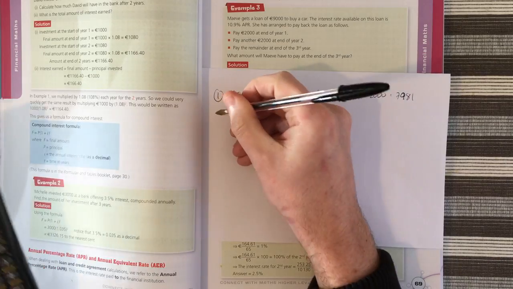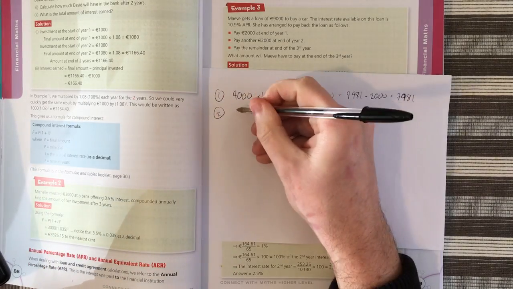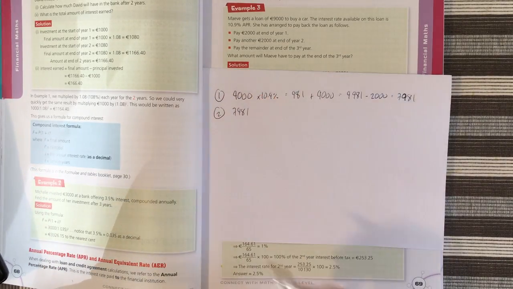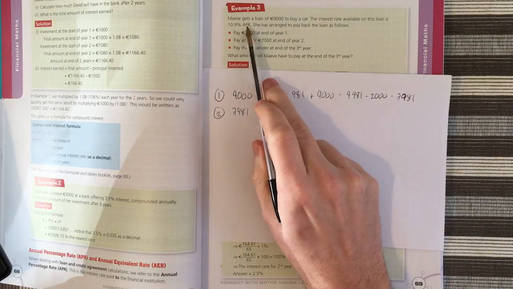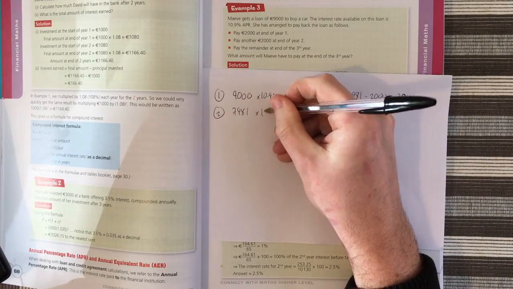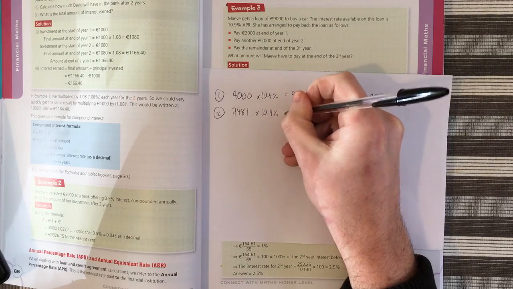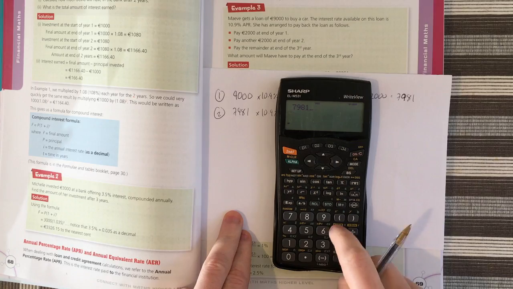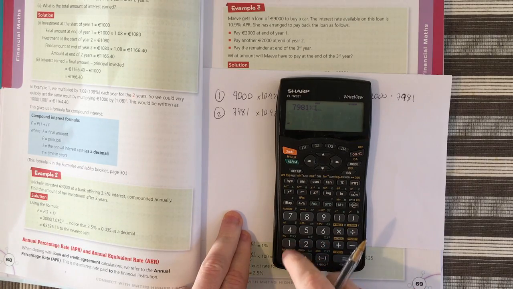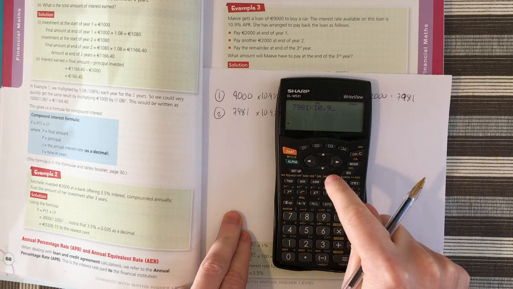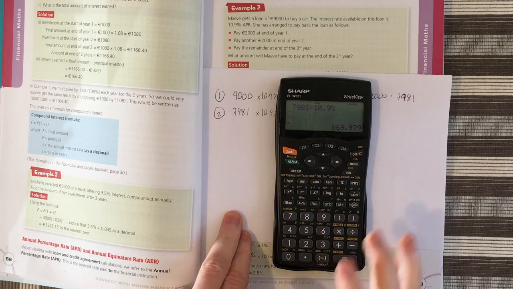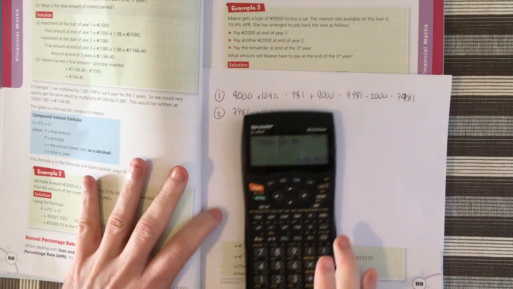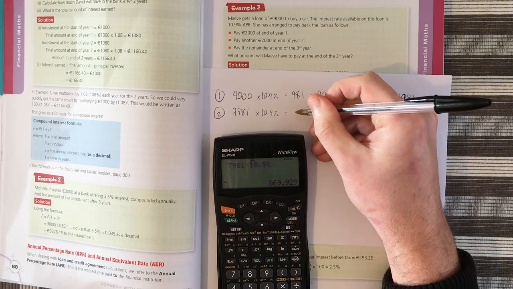7,981. So that means year 2 then, it is 7,981 that she owes. Interest rate is not changing, it is still 10.9%. So 7,981 multiplied by 10.9% is 869.93. So this is money, so I'll go to 2 decimal places.